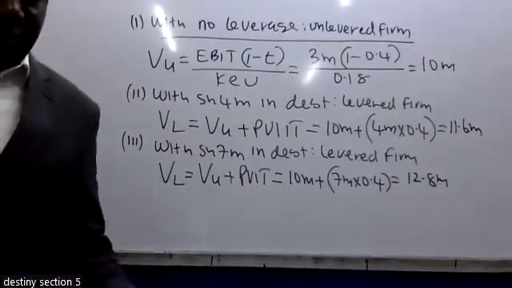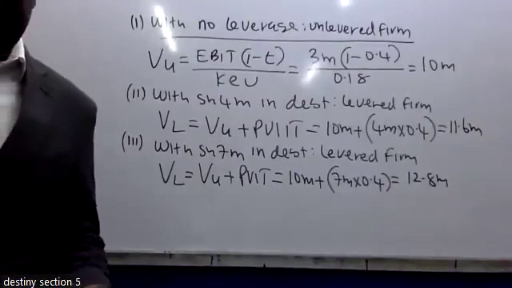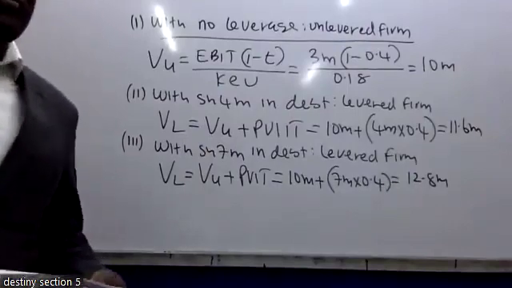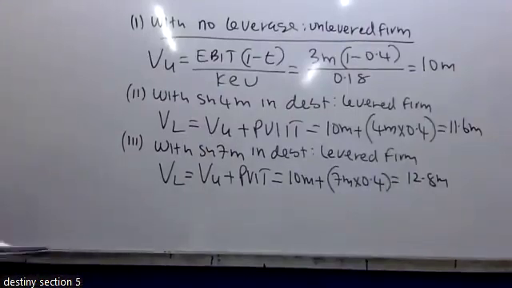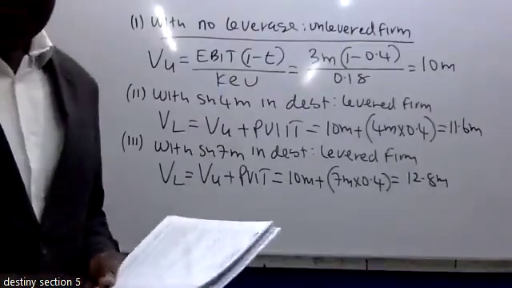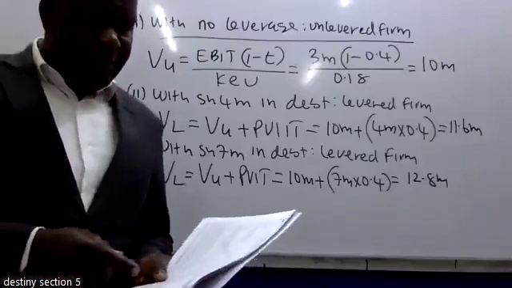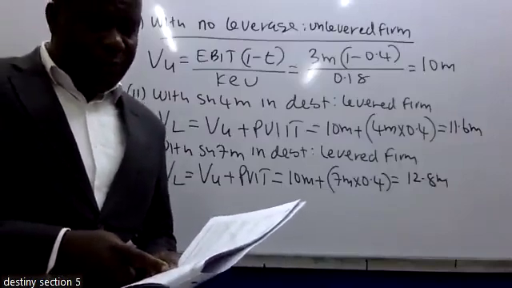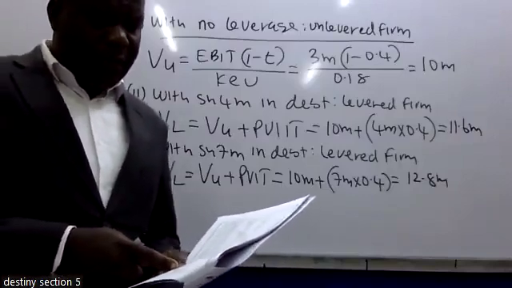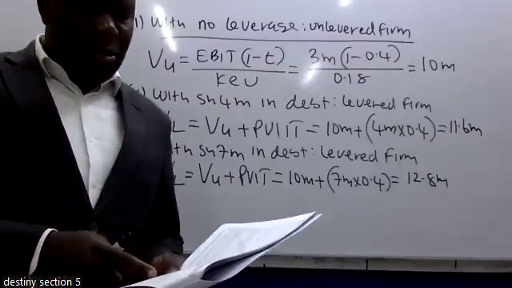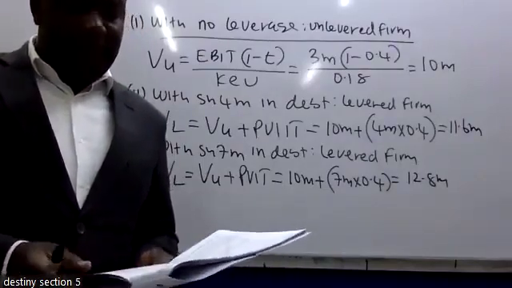So now let us go to part C. Part C is with reference to part B above, assume that personal as well as corporate taxes exist.